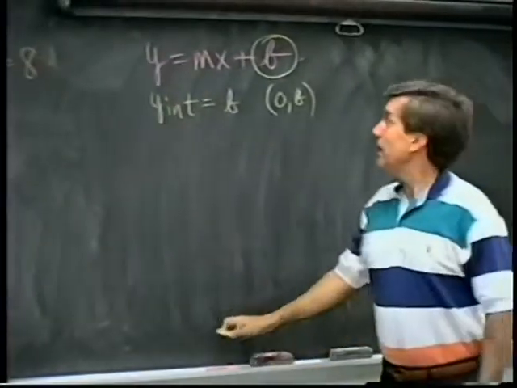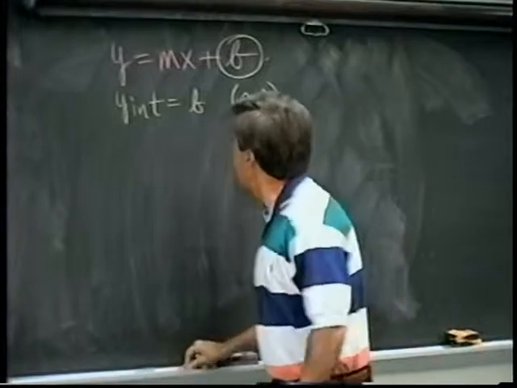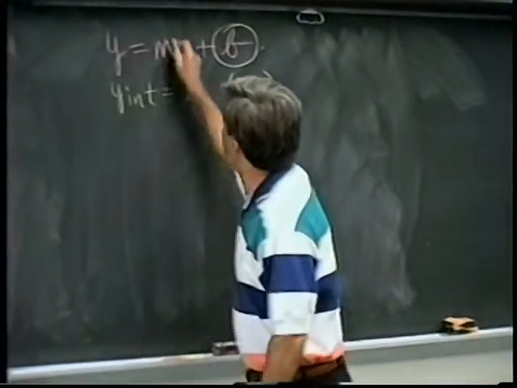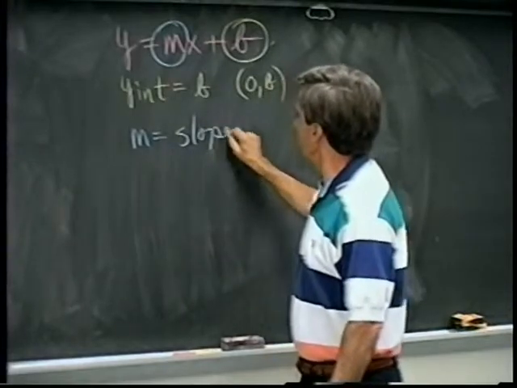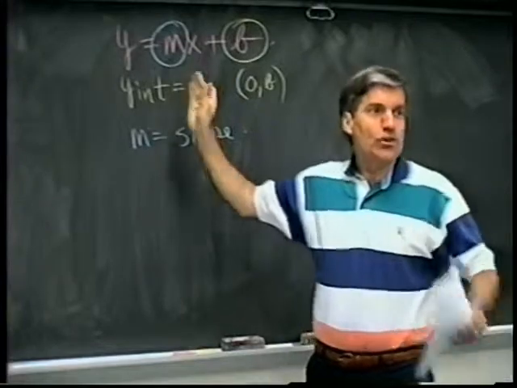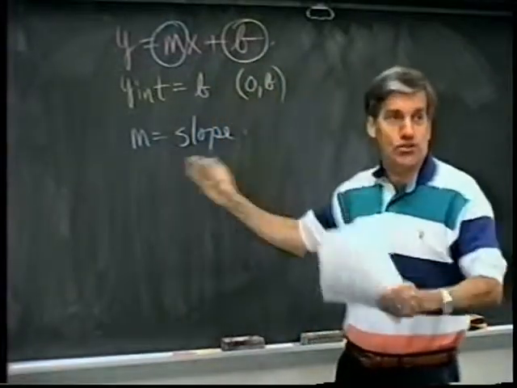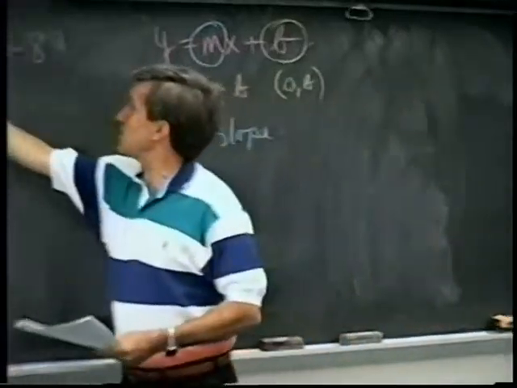And m is the slope. So if the problem looks like this, you can quickly tell me the y-intercept and the slope, and use that to draw the graph. Isn't that wonderful?